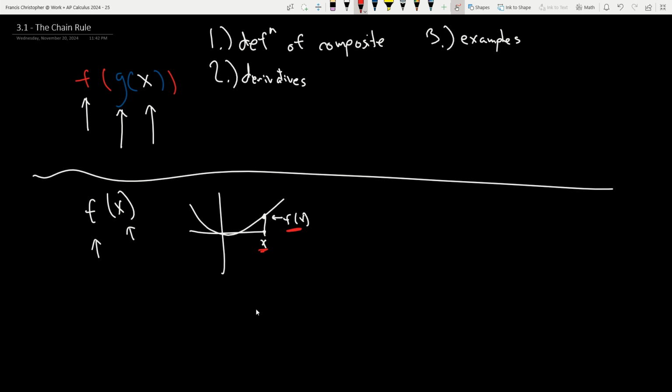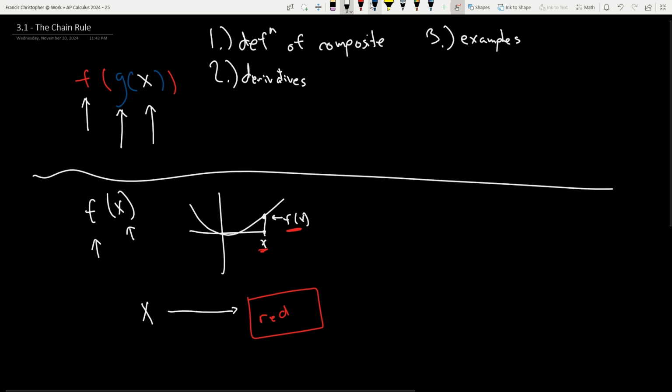A good visual analogy is imagine we have a red function of some sort. We take in an input x, we put it through the red function, and then we get a red x. So this would be our f, and this is f of our original x.